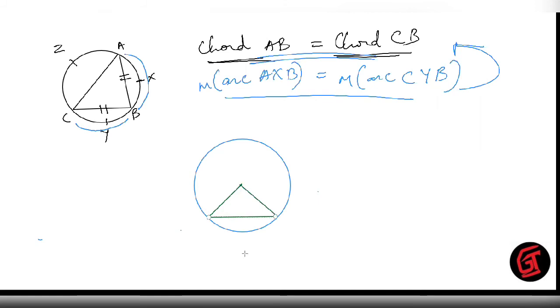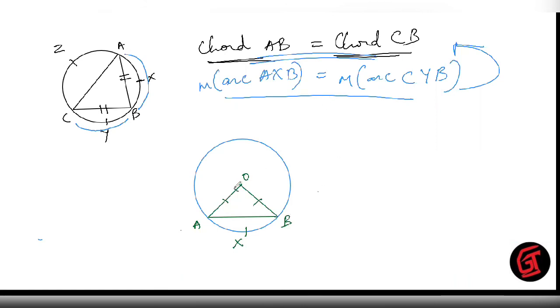Pay attention: O, A, B, and I name this X. Now we have two radii, OA and OB, and obviously both are congruent because they are on the same circle. And we have a chord AB, and we have arc AXB.